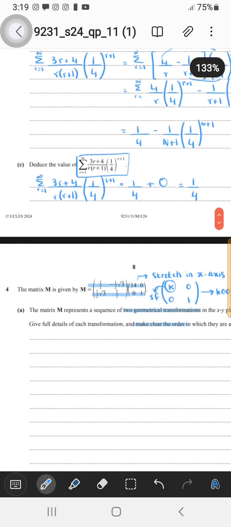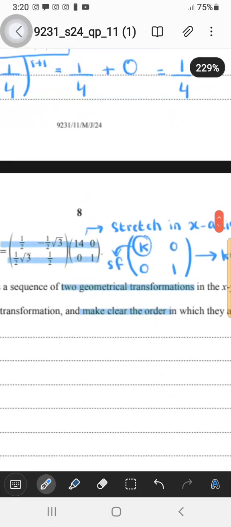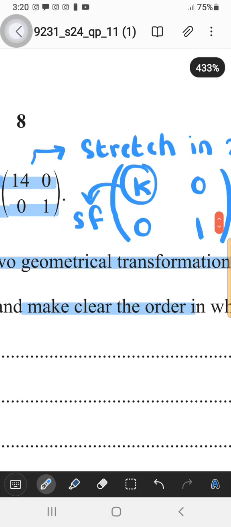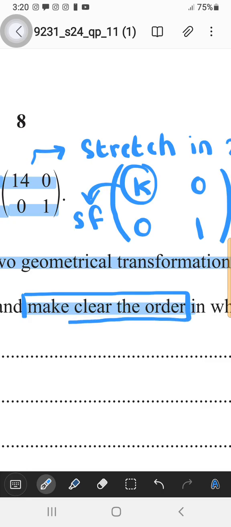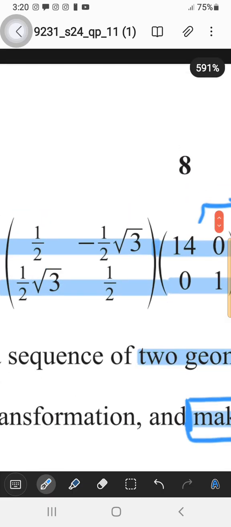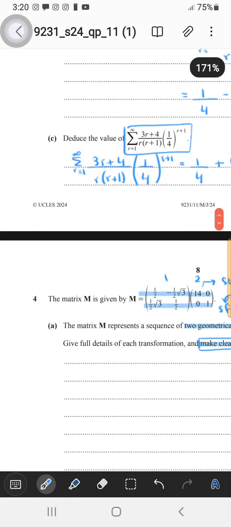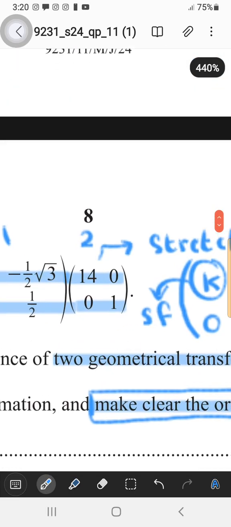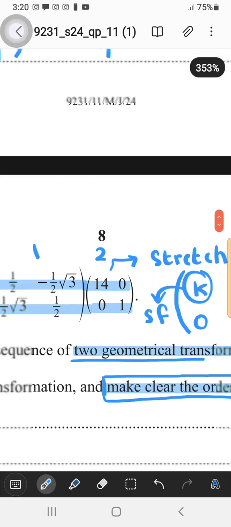And one more thing I want to tell: when it mentions to make clear the order, and we have two geometrical transformations, it mentioned here two geometrical transformations.